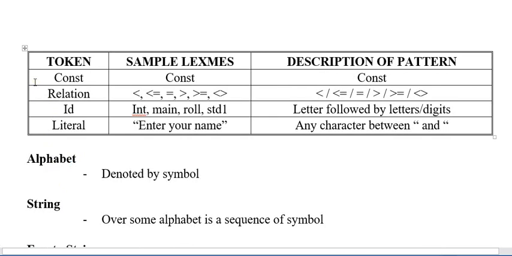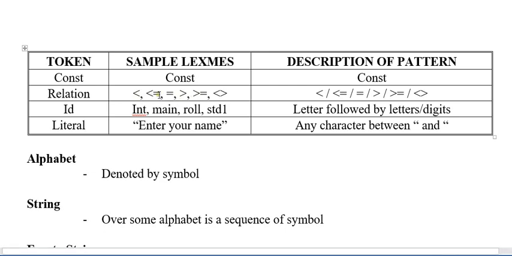Tokens are basically names such as constant, relation, ID, literal. Those names are called tokens. Now, what are lexemes? Lexemes here are constants; suppose we have 30, 60, 50. Those written with simple symbols are known as simple lexemes.